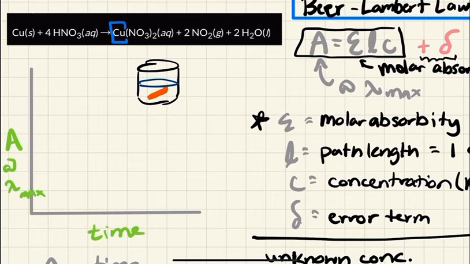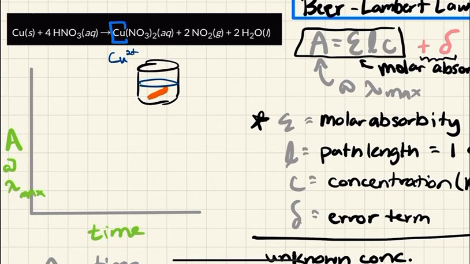You'll see some gas bubbles forming, and that would be your nitrogen dioxide gas. But you'll also see the solution start to turn color. And the color is going to be that kind of bluish color of the copper-2 ions, because copper-2 ions are formed in the reaction. And that will make the absorbance of the solution start to increase, because now the solution is starting to get more and more dissolved copper-2 ions.